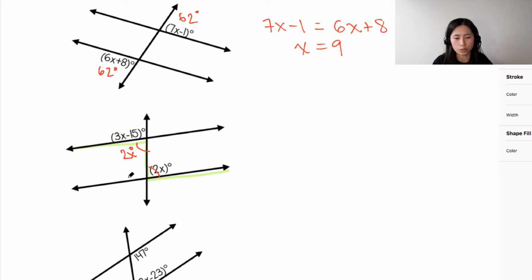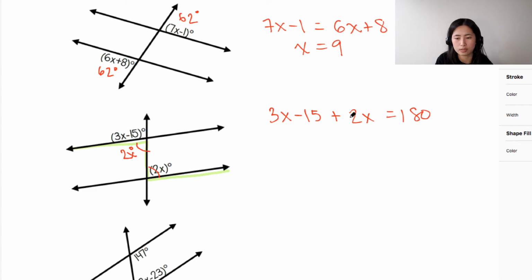So if they're congruent, you have 2x degrees and you have 3x minus 15, and you're seeing that you have this transversal, which is equivalent to a straight angle, which is 180 degrees. That means you can say that this is 3x minus 15 plus 2x, and that's equal to 180 degrees. And you can just solve for x.